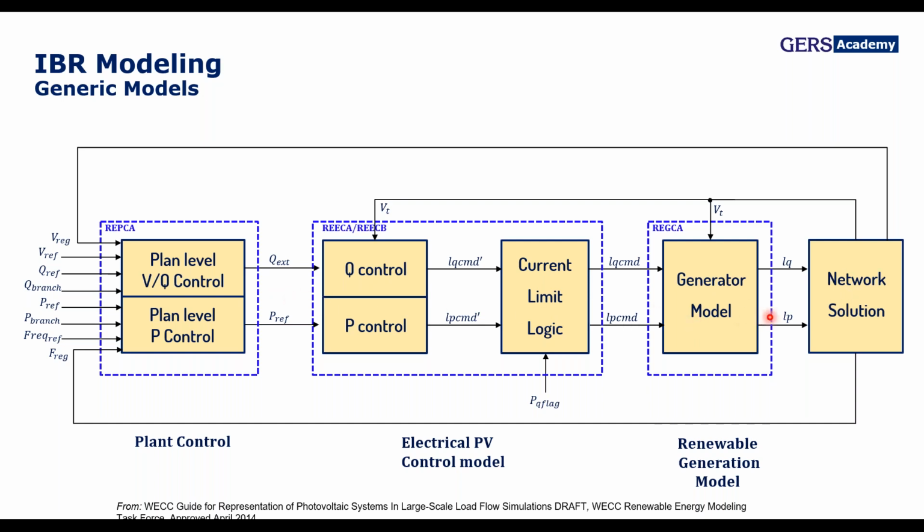You see here, you receive signals from the network, such as voltage, reactive power, active power, and frequency, mostly at the POI or at the transmission line that is used for the interconnection of the plant. And you generate some external references for reactive and active power.